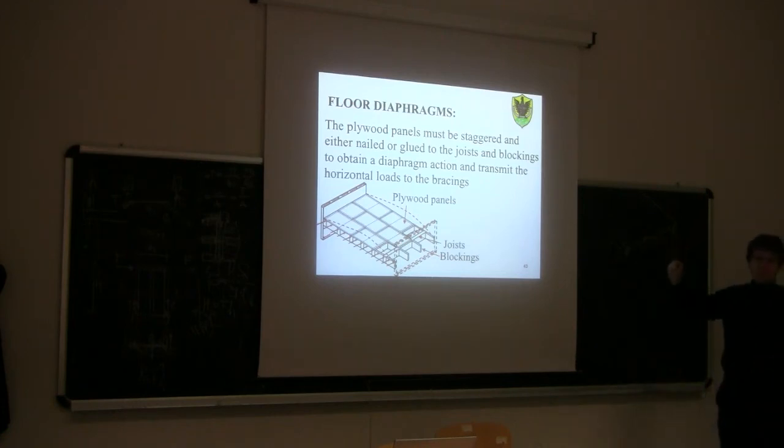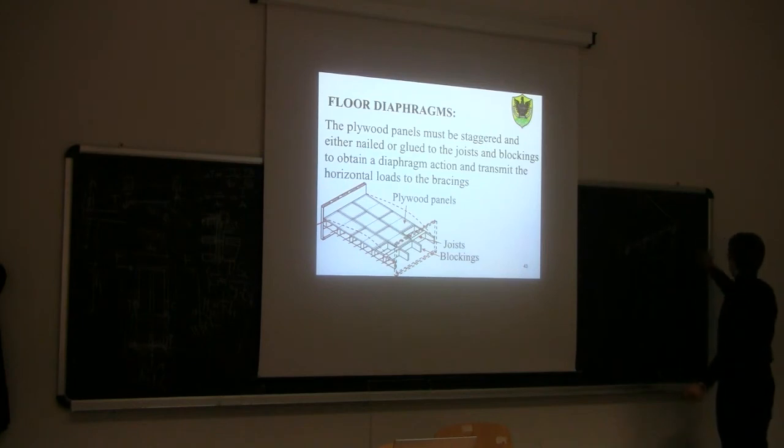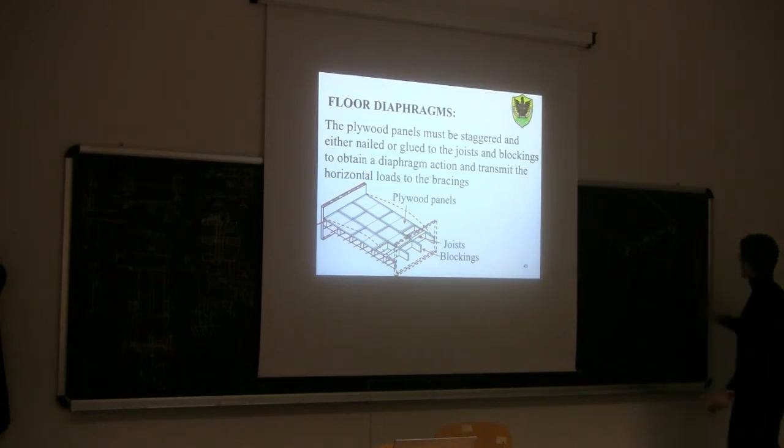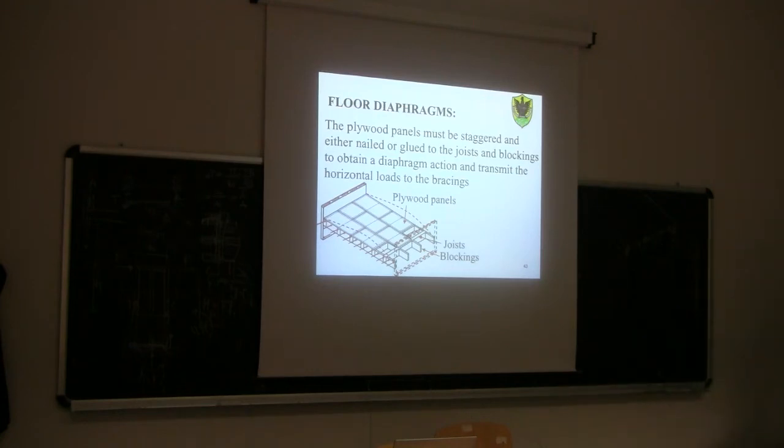But if you want to make a simplification, if you have a cross section like this, you can just assume that the bending moment will mostly be resisted by the top flange and by the bottom flange. And we can just conservatively ignore the other joist in between.